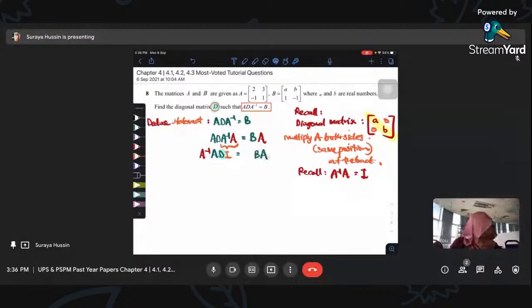So A inverse must be written at the front. Then you will meet the identity, the I here is identity. Identity is 1001, so identity is actually like the value 1. So you don't have to write it. You can just leave the D alone. So D equals A inverse B times A. That is how it works.